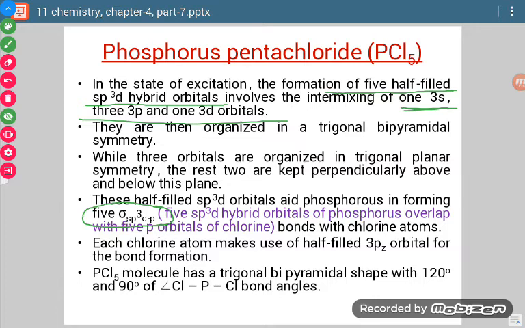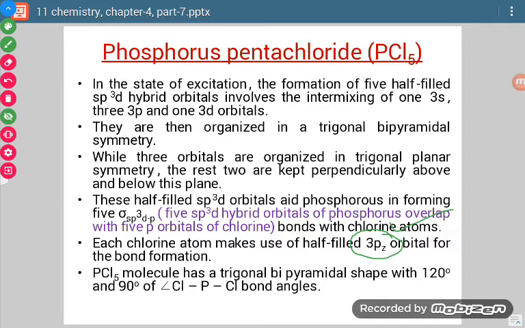Here we have written sp3d with p, it means a sigma bond is being formed between sp3d orbital and p orbital. Chlorine has its unpaired electron in p orbital, and there is formation of 5 sp3d hybridized orbitals in phosphorus. So these 5 orbitals will combine with 5 sp3d hybridized orbitals.